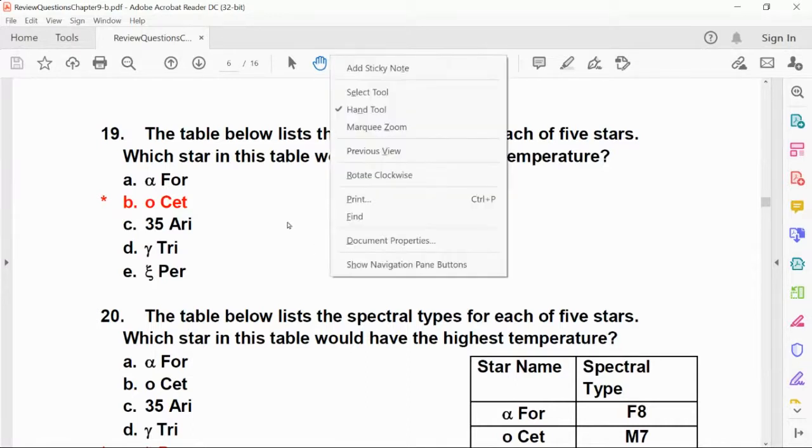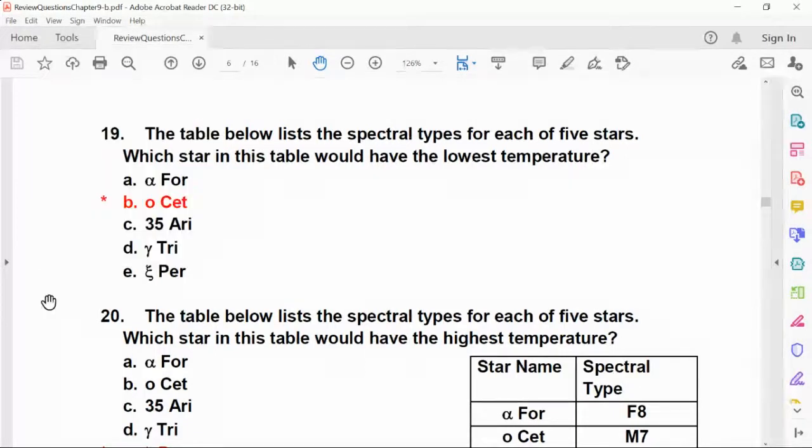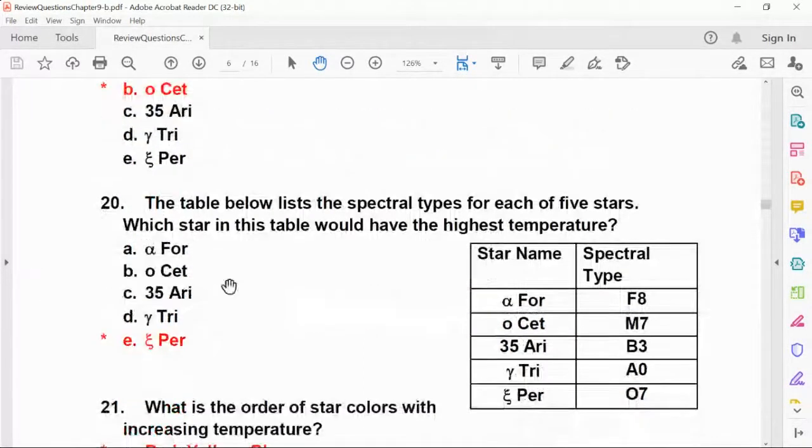So now you know the O, B, A, F, G, K, M sequence, and the grade kills me. So you look, you find that the one that is an M star is the star with the lowest surface temperature. In question 20, they asked for the star with the highest temperature.